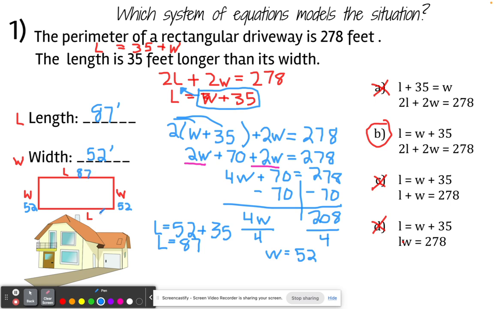Now if I added up all of my sides, 87 plus 87 is 174. 52 plus 52 is 104. 174 plus 104 hopefully equals 278. And it does, which means my problem works. My width plus 35 equals my length, and my whole perimeter is 278.